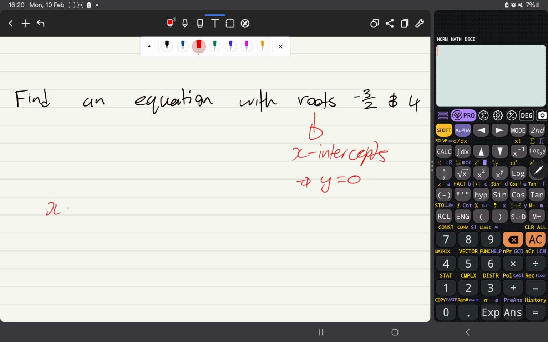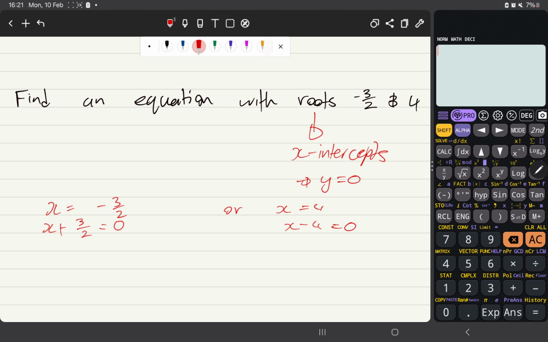Your equation, after you solved it, you had x equals minus 3 over 2, or you had x equals 4. Now the next thing, you can just say x plus 3 over 2 equals to 0, and x minus 4 is equals to 0.